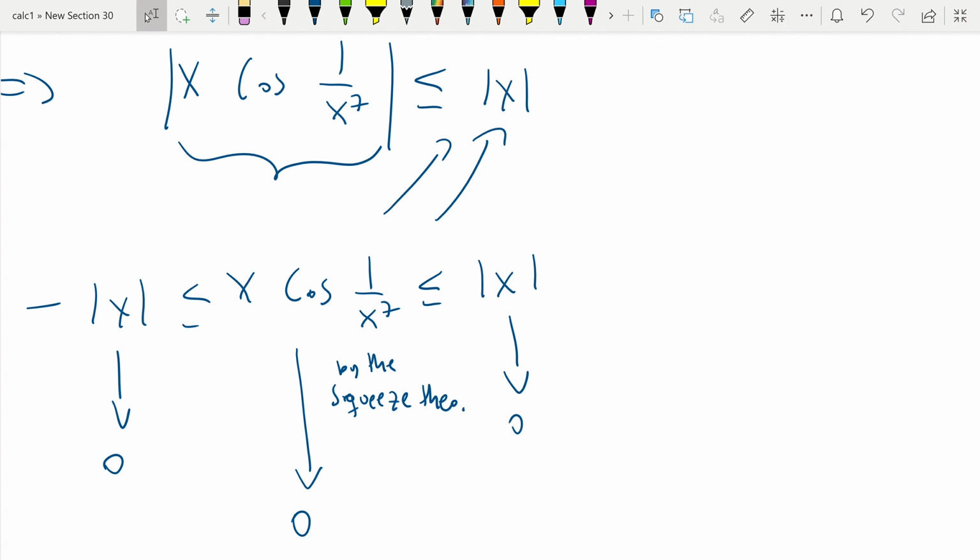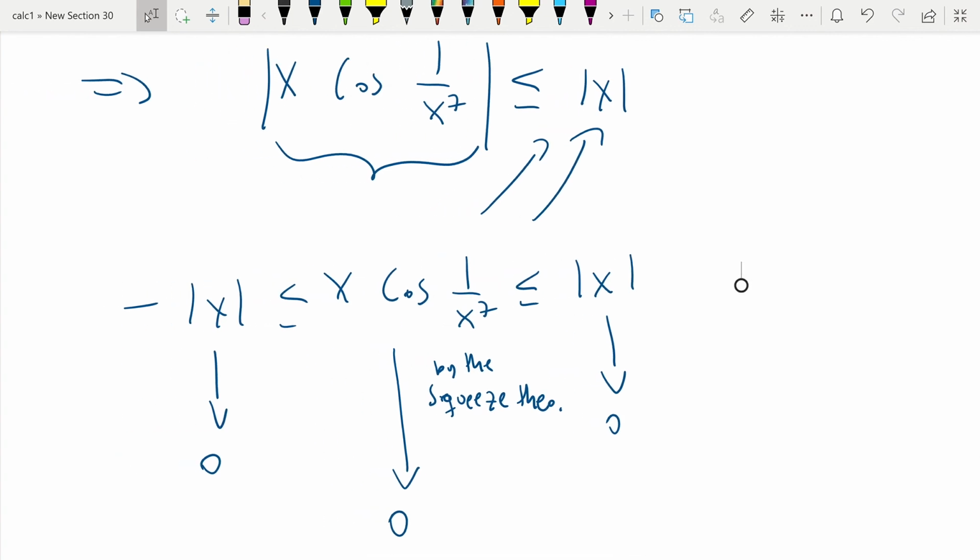It's very easy to recognize when you have something like a power of x times cosine or sine. Either will satisfy the same requirements: they're both bounded by 1 in absolute value. And if you multiply by a power of x, that goes to 0 as x approaches 0. So the exact same proof will apply to all of these situations.